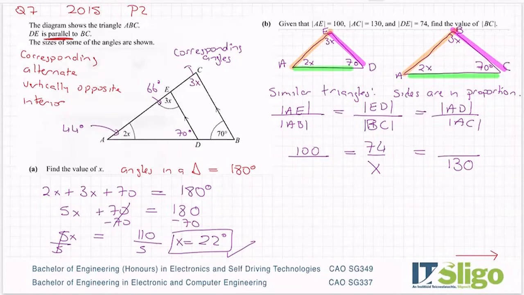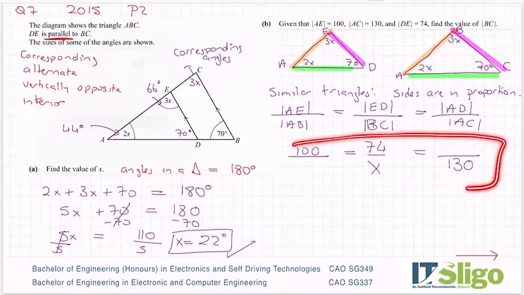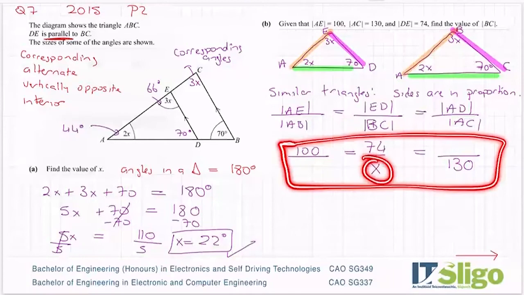You see, on none of the 2 of these did I have enough information. If I'm to find X, then I need to have 2 pieces of information here or 2 pieces of information here. So when I saw this, I knew I'd made a mistake somewhere, because they can't do this to you. If you're to find X, then you need to have another pair.